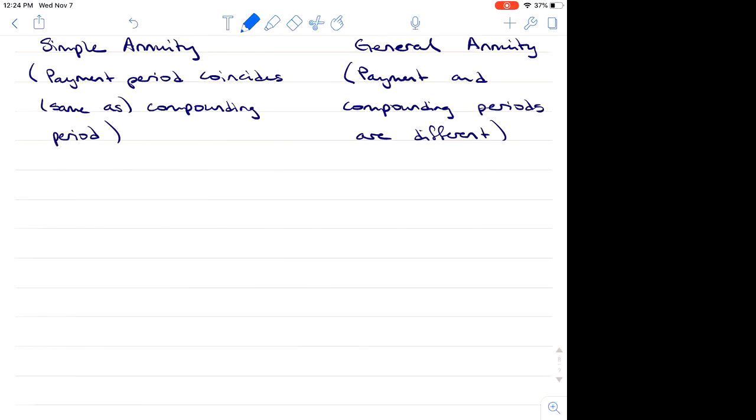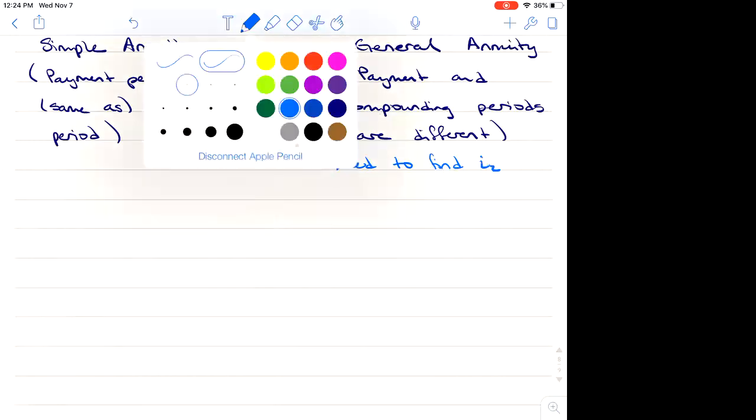Just make a note here. This is when we need to find I2, just like we did at the beginning of class. Find your new periodic interest rate.